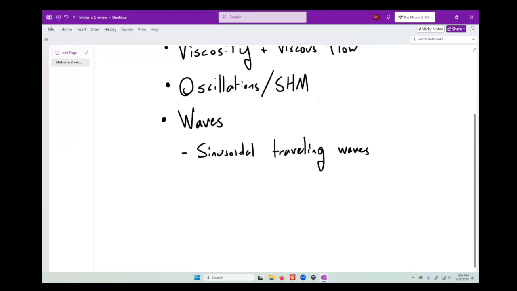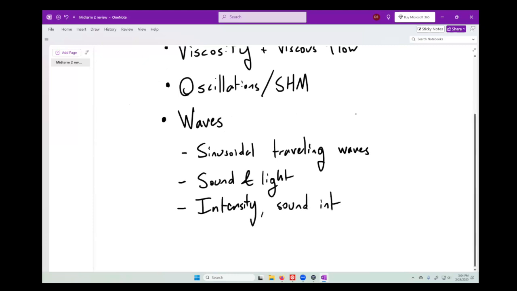No, Bernoulli's, nothing about ideal fluids is going to be on the exam. Sinusoidal traveling waves. We talked about sound, light, intensity, and intensity level.